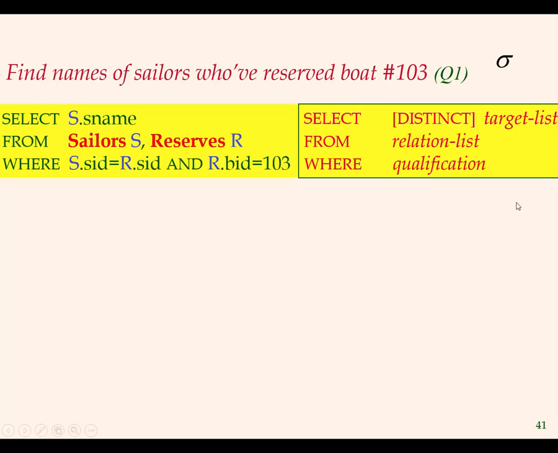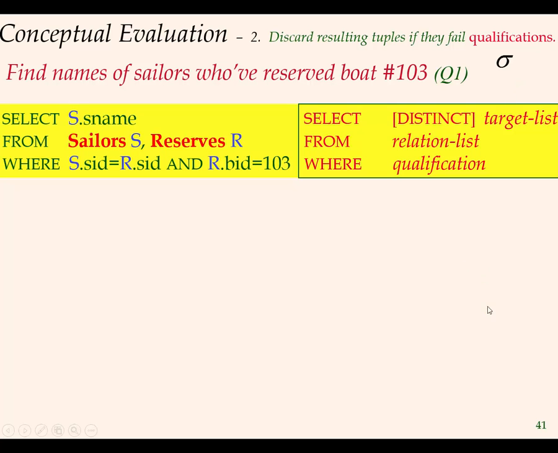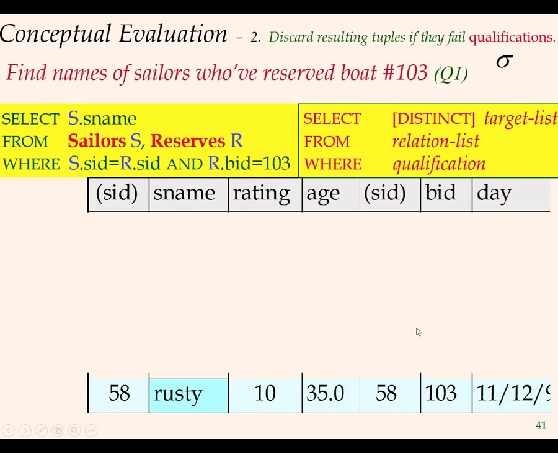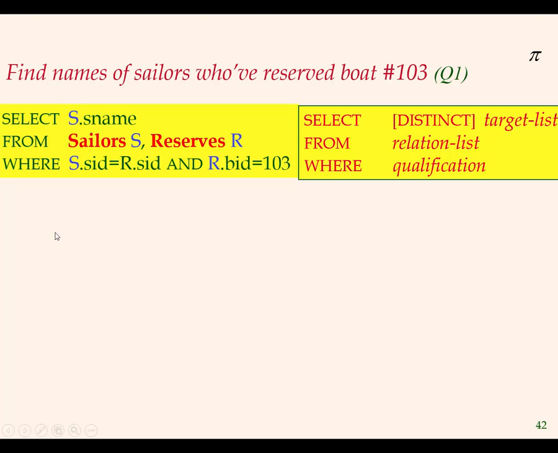Wow. Then I want to apply the selection. So applying the selection, I'm going to eliminate all but one tuple that qualifies. So again, the SIDs match, and the boat ID is 103. And then what I want to do is project.